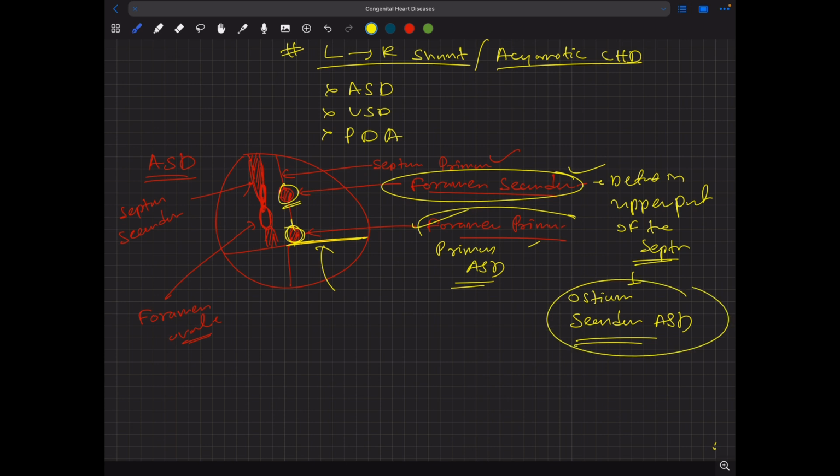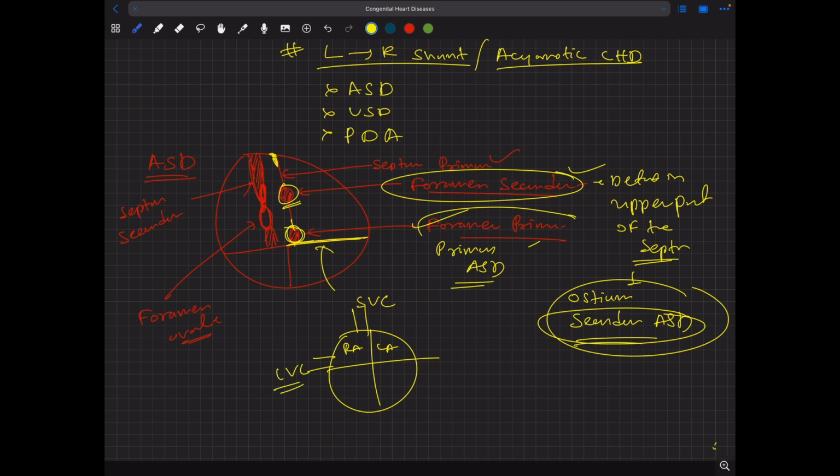Okay, another type of ASD we have is called sinus venosus ASD. So this part is called sinus venosus. Sinus venosus means this part is associated in the mature heart. Suppose this is a mature heart. So this is the right atrium, this is the left atrium, and the right atrium is connected with the superior vena cava and inferior vena cava.